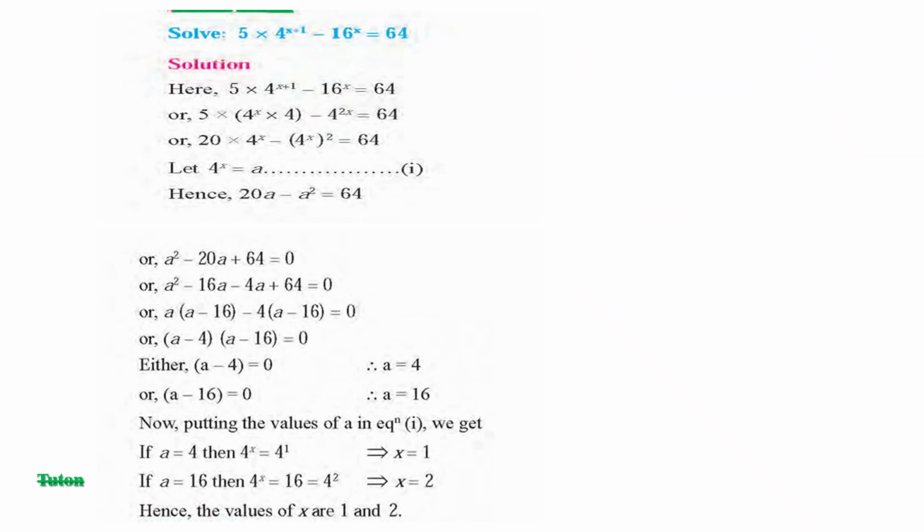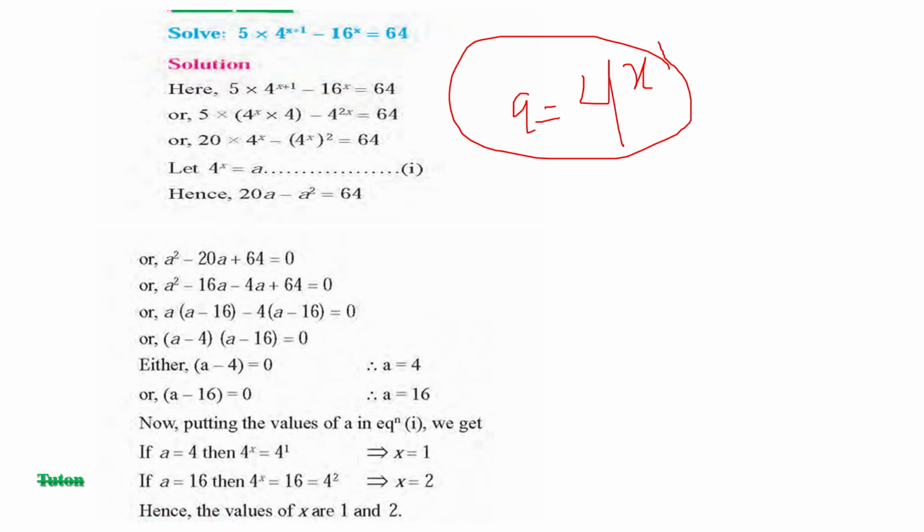It will be much easier for us to solve this problem if we assume a value a for the exponent term 4 to the power x. It will make the calculation and simplification much easier for us. And at the last, after solving the quadratic equation, we will finally put back the value for a, which would be 4 to the power x.